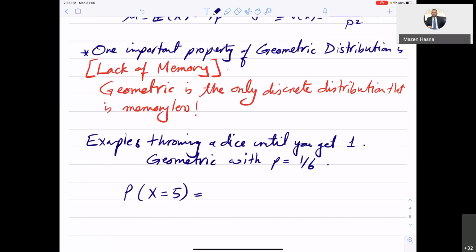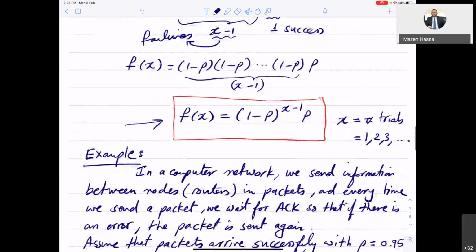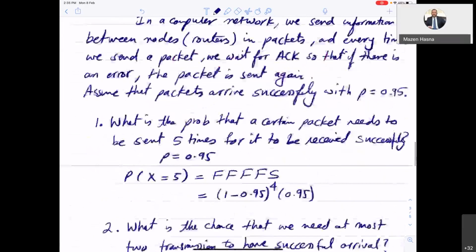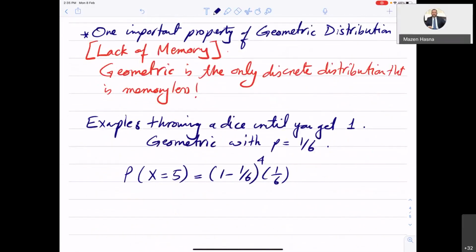So you tell me, okay, this is (1 minus p) to the 4 times p, according to the PDF that we've just talked about. So it's (1 minus p) to the x minus 1 times p. So p is 1 over 6, (1 minus p) to the 5 minus 1.